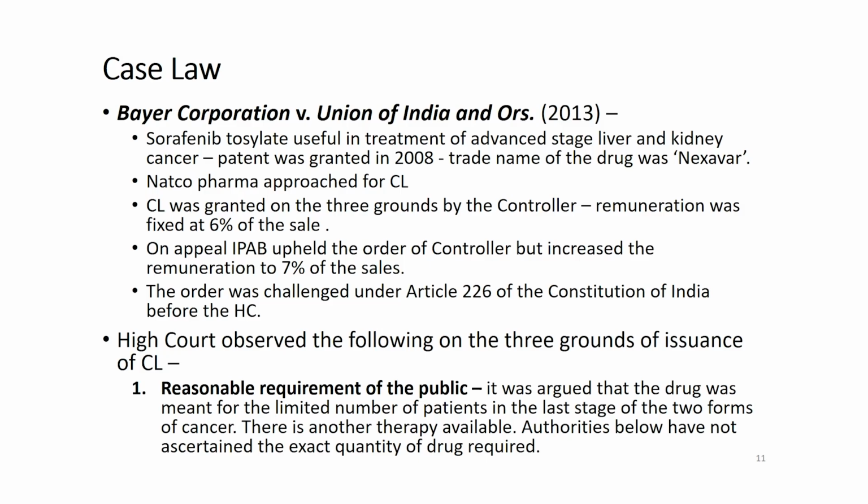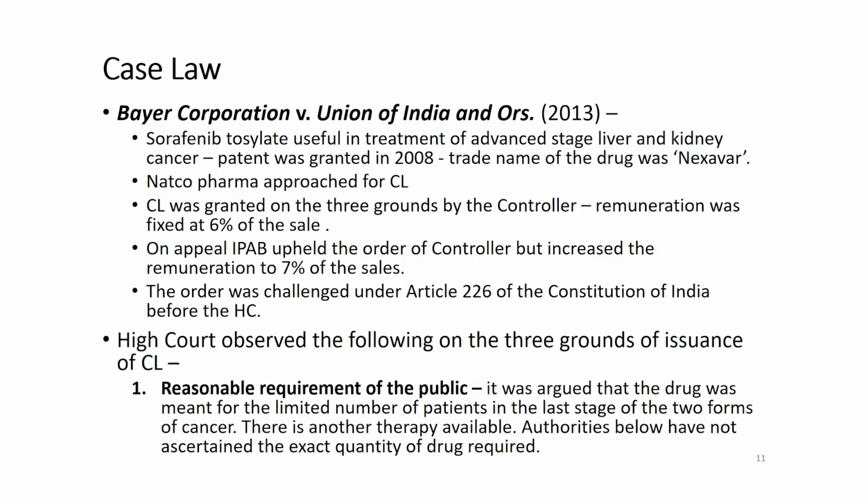The first is the reasonable requirement of the public. It was argued that the drug sorafenib tosylate, trade name Nexavar, was useful only for patients of advanced stage liver cancer and kidney cancer. Because there are very limited numbers of such patients in India, we don't require a huge quantity of the drug in India. Point number 1.